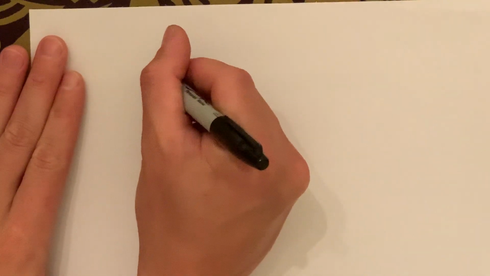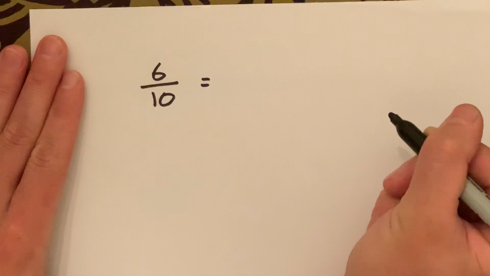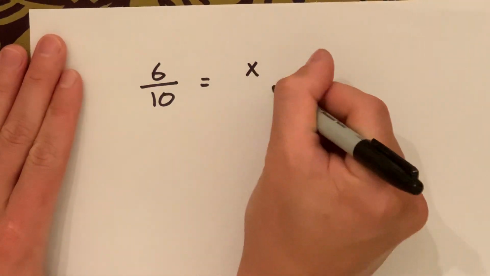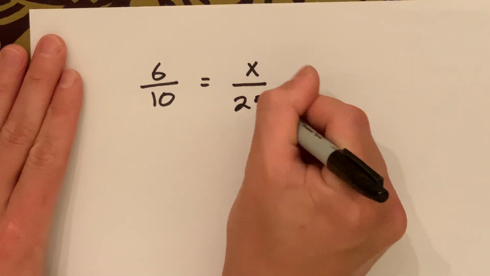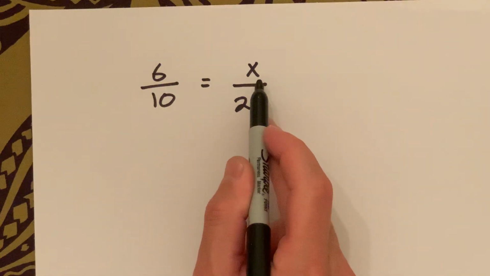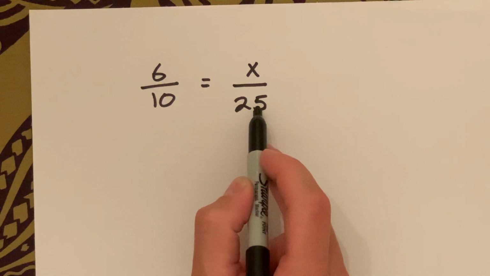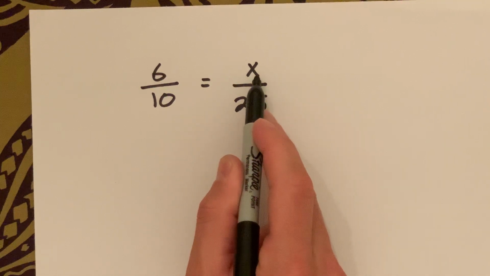So take a look. If I have 6 is to 10 as x is to 25, I know that if I can get rid of this 25, I'll just have x by itself.